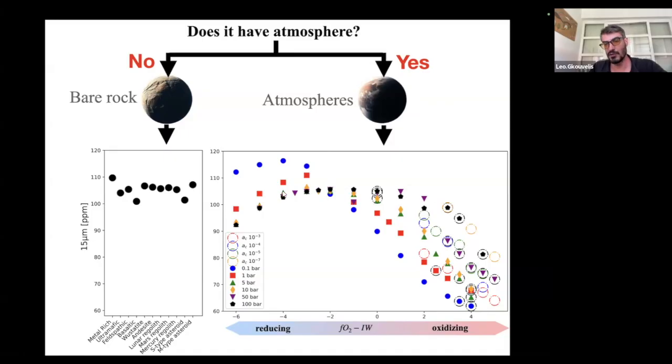And then on the right, I show you a subset of the scenarios of this planet having an atmosphere, but with different scenarios of its internal redox state. You see, I don't include estimated errors in this plot because it's really obvious that there is degeneracy here. With only one photometric point, you cannot distinguish whether it's a bare rock or a planet that has an atmosphere.